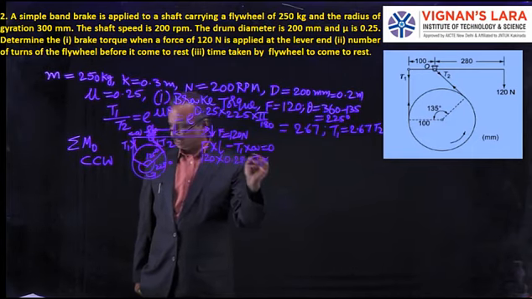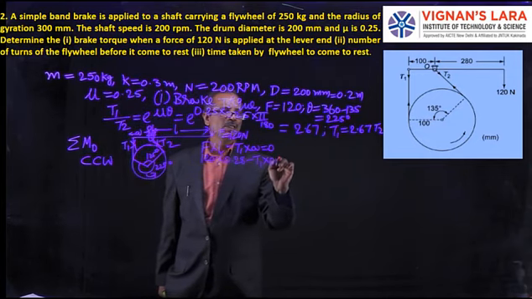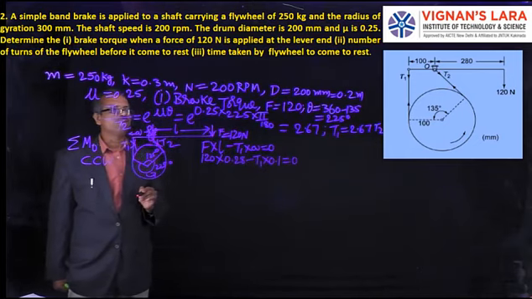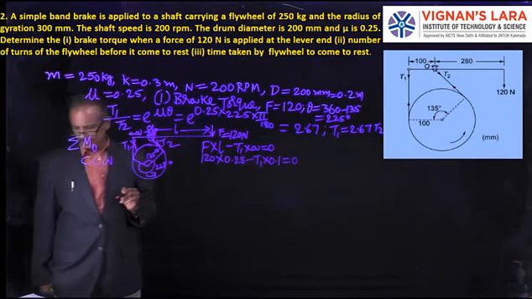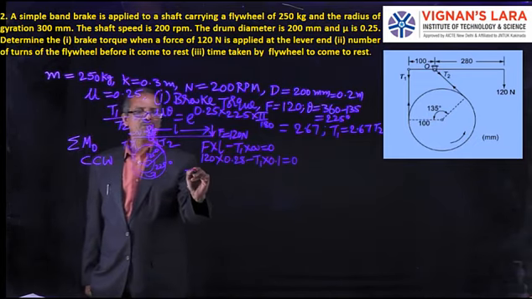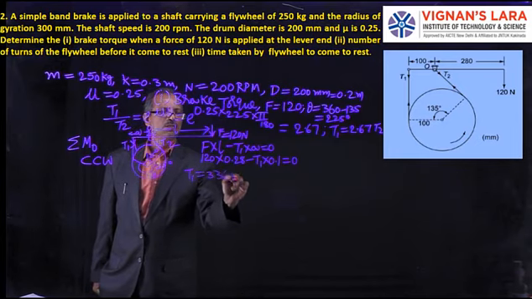The value of A is 100 mm, that is 0.1 meter. So 120 into 0.28 minus T1 into 0.1 is 0. Then you get T1 as 336 Newton.